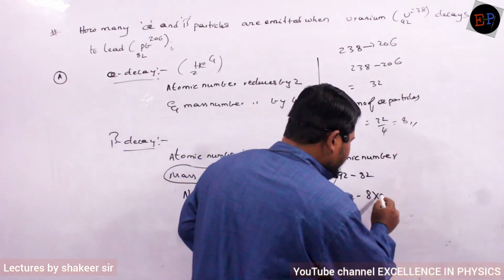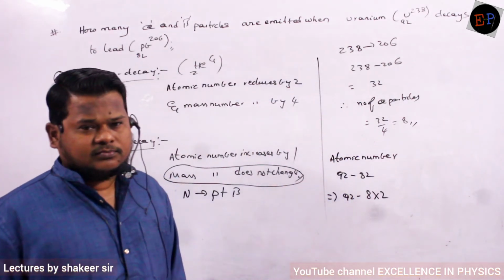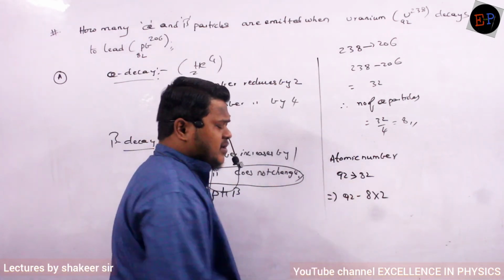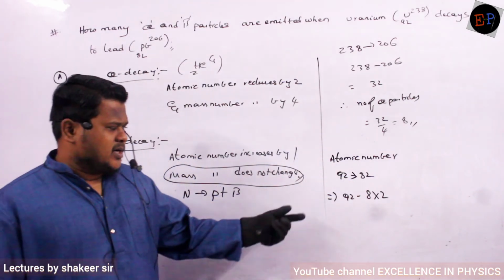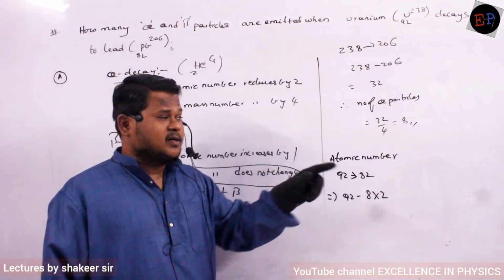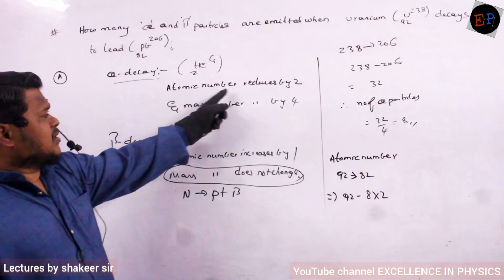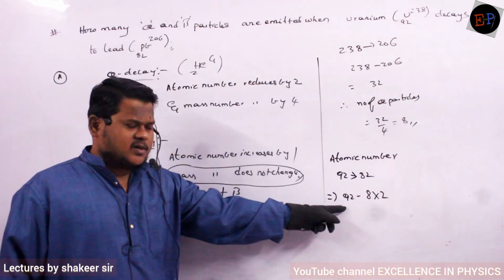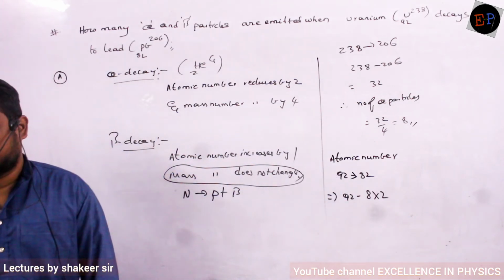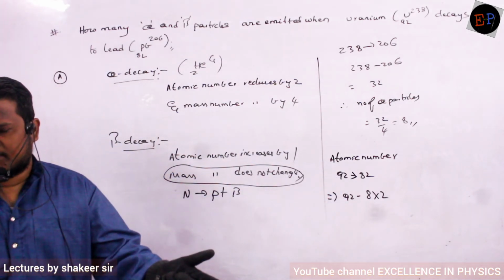So can I write 92 minus 8 into 2? 92 converted into 82. With each alpha particle, atomic number reduces by 2, and we are discussing atomic number only, no? 92 is atomic number. So 92 minus 8 into 2, because 8 alpha particles are released.